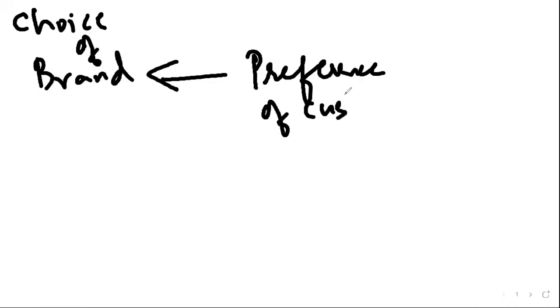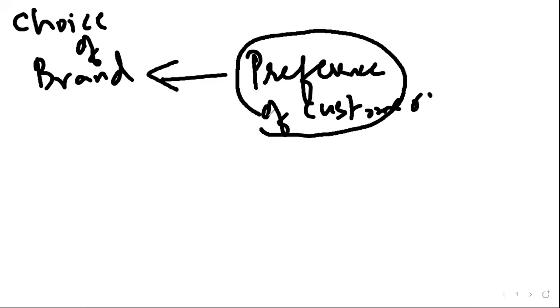The choice of brand is dependent on the preference or rating of the customer. So here, basically, you're trying to categorize the ratings.